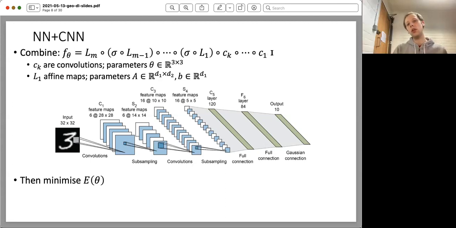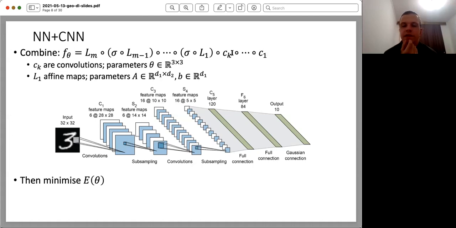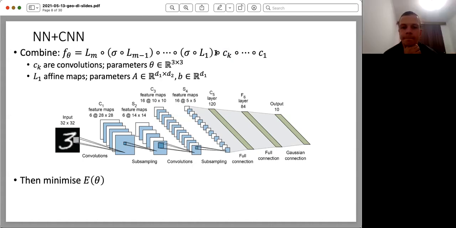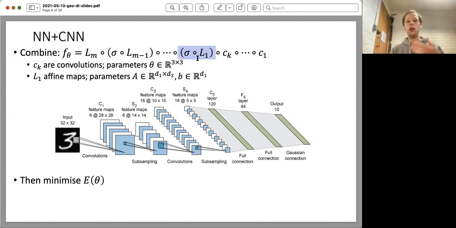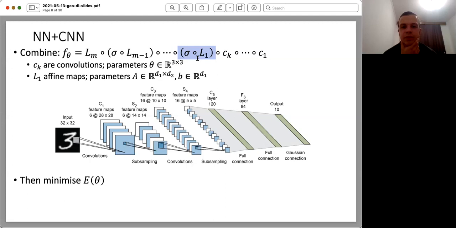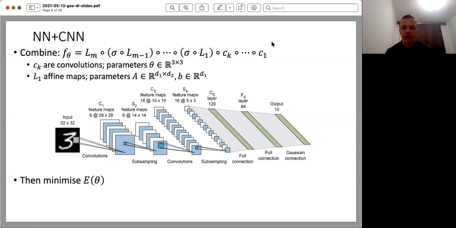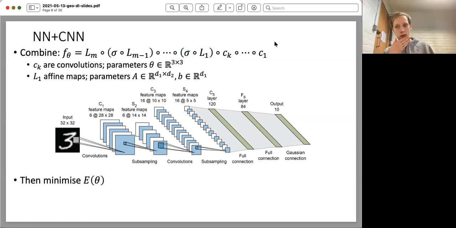Right. So the input of C1 would be a matrix. And the output is a matrix again. That's the thing from the previous slide. And at the end of CK, you have a matrix. But now you asked the right question. I said, well, these fully connected guys, they take a vector, they don't take a matrix. But what happens is you just forget about the matrix structure and treat it as a vector.